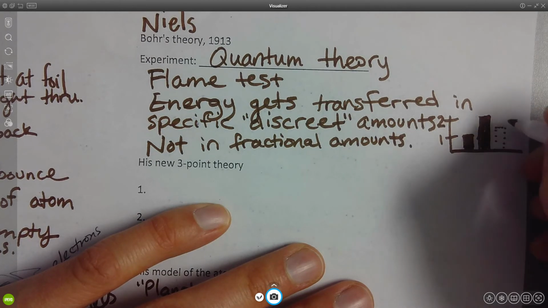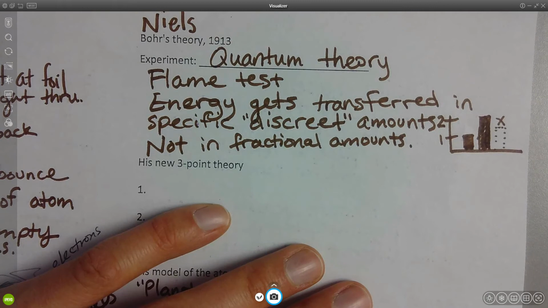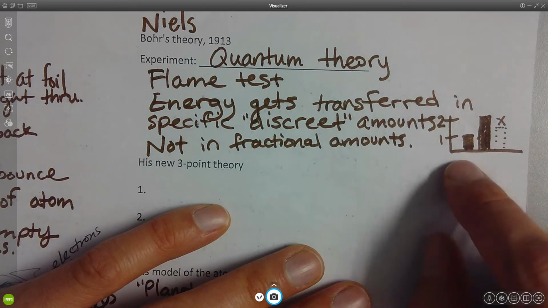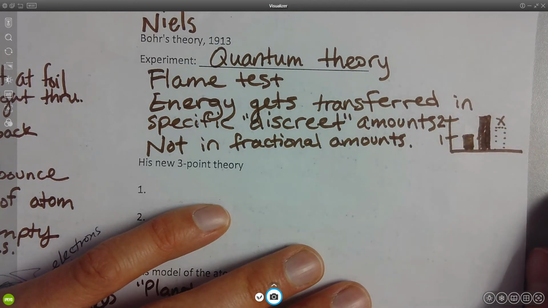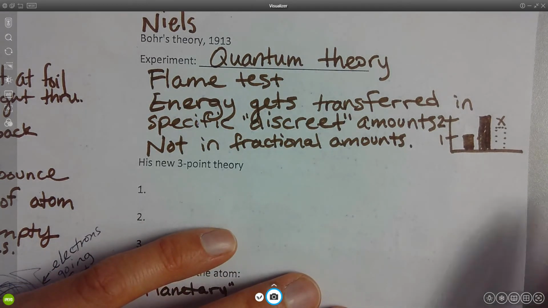No matter what you do, energy will always be transferred in these specific increments, either 1 unit or 2 units, but not 1.5, not 1.75, not 0.11, always in whole units.